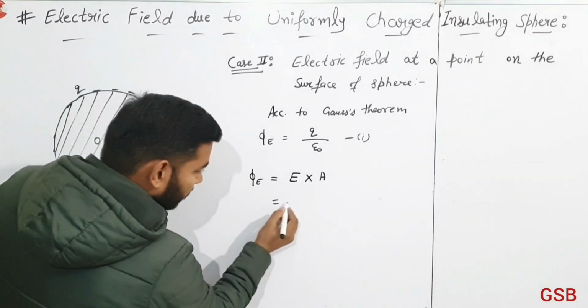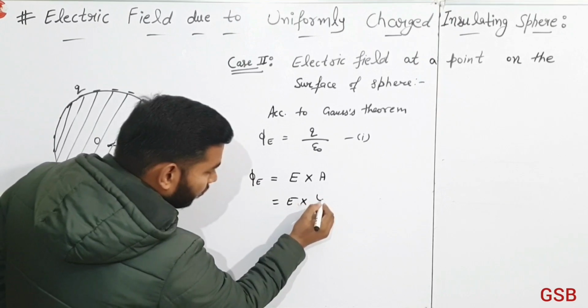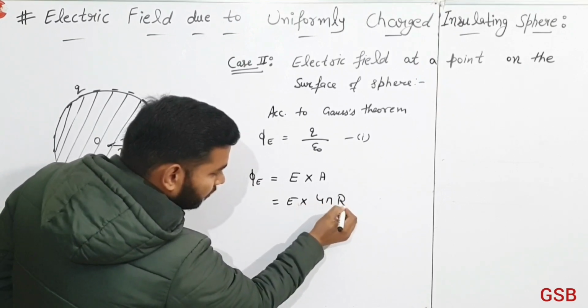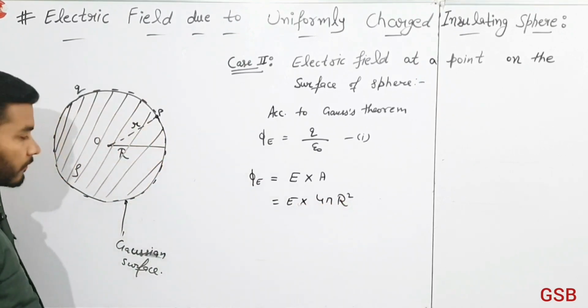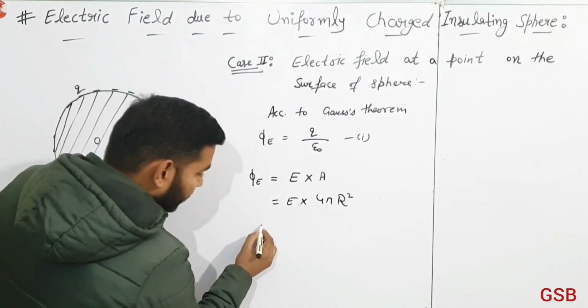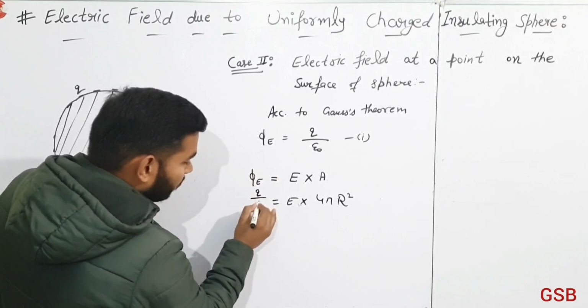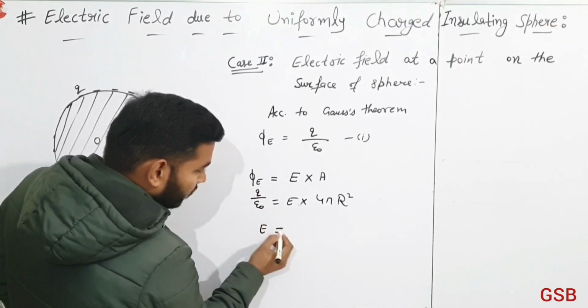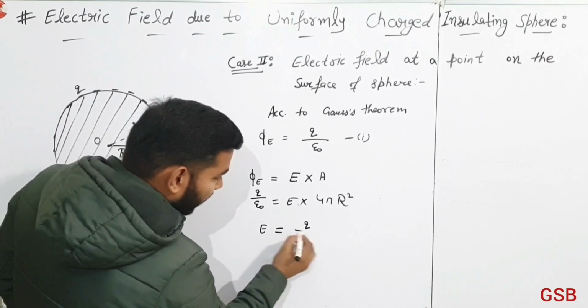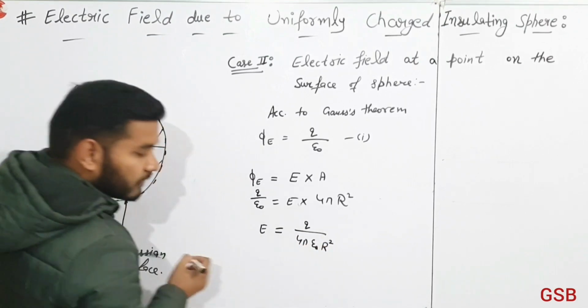In this case, phi is equal to E into 4 pi capital R square, because small r and capital R both are equal. So if we put the value of phi as Q by epsilon naught, then E is equal to Q by 4 pi epsilon naught R square.